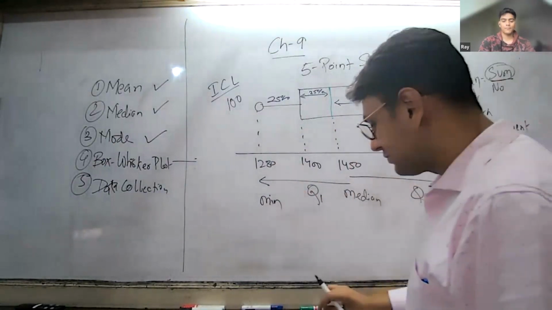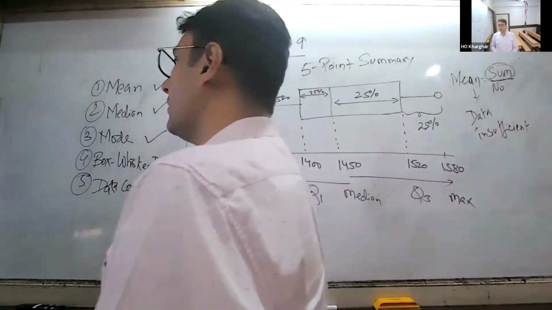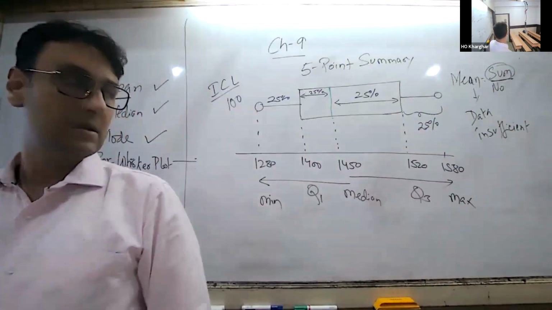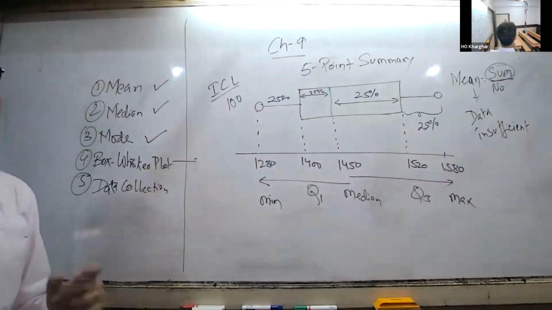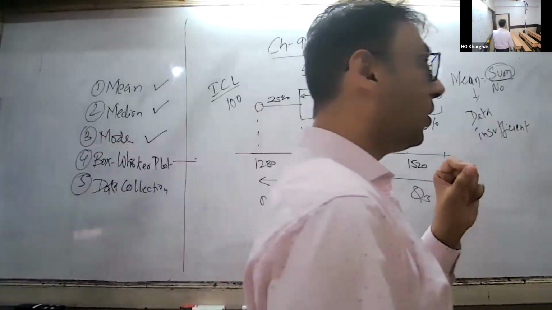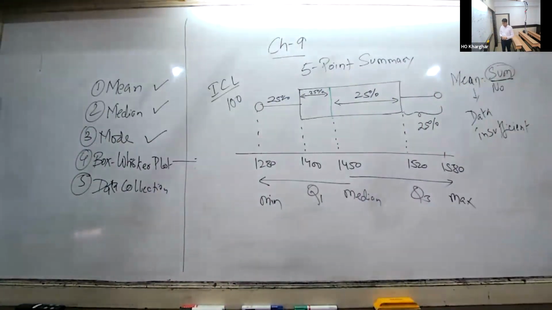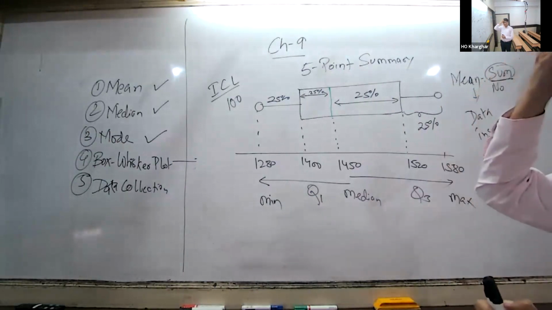Let's play a small game. You have to tell me true or false. I'll make some statements looking at this data, and you will have to tell me whether each is true or false. At least 25% of the admitted students had a score of less than 1400.